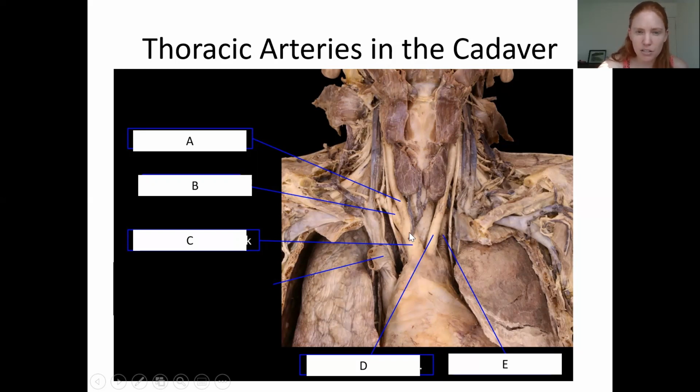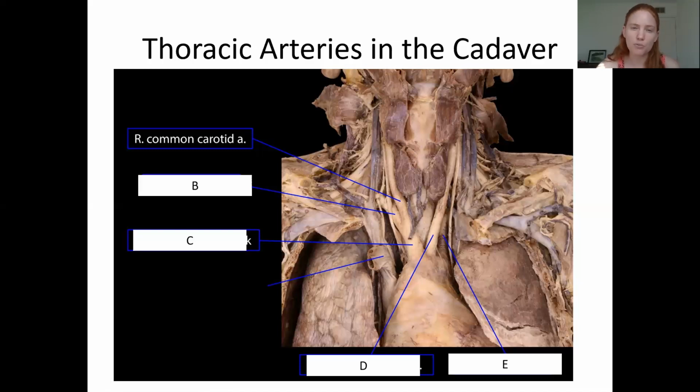Coming up from here, we have the brachiocephalic artery, and the brachiocephalic artery then has two branches. One goes towards the arm, and one goes up towards the head. What was the name of the one that goes up towards the head? That is the right common carotid artery. It is going to go all the way up towards the head.